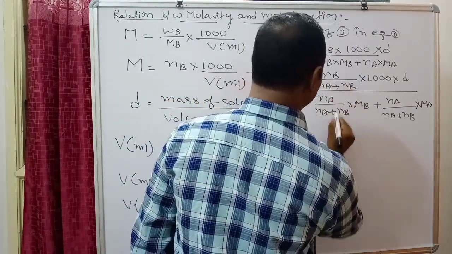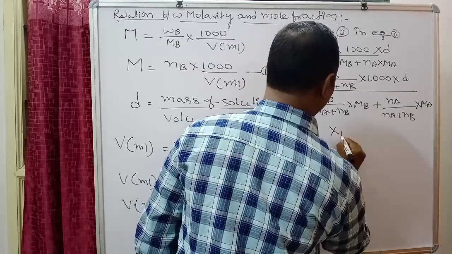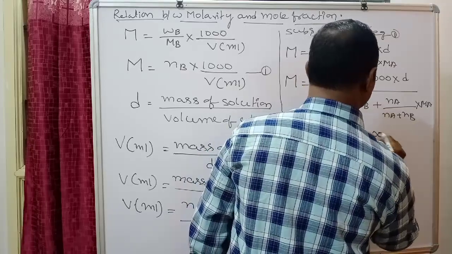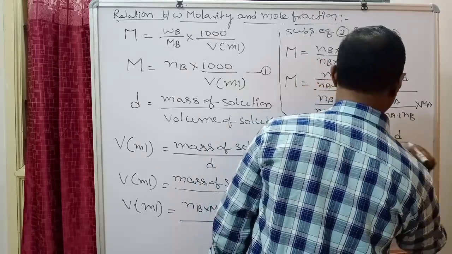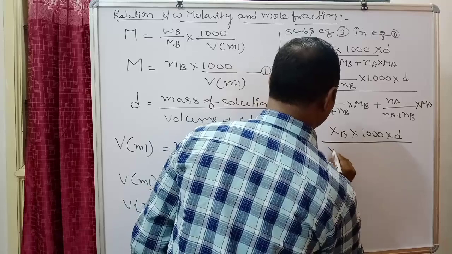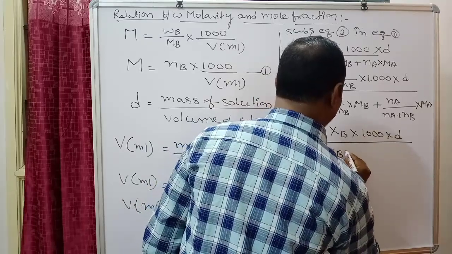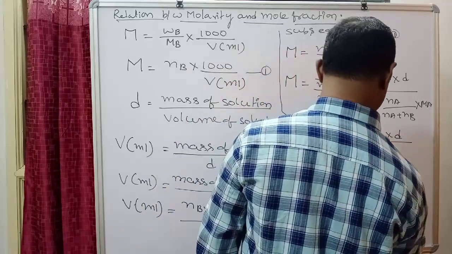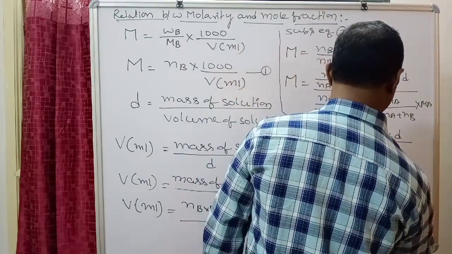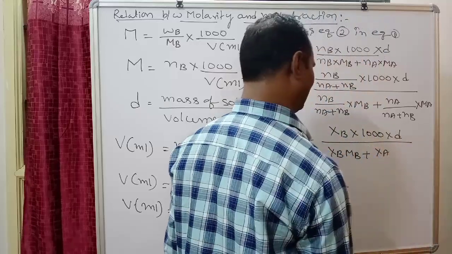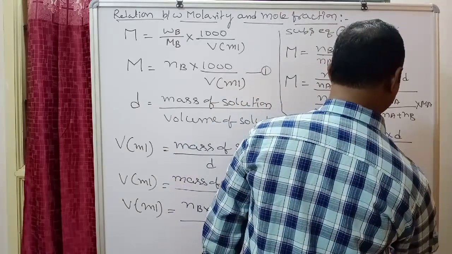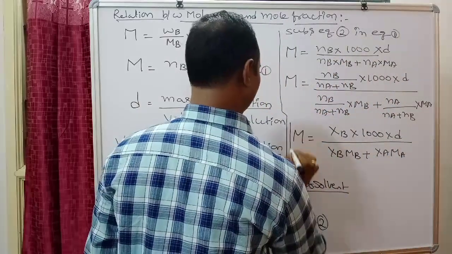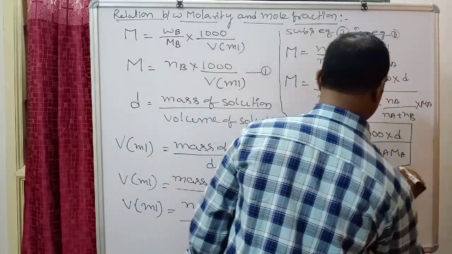Therefore, the new equation, what we are getting here? Instead of this part, we can write mole fraction of solute into 1000 into D, by mole fraction of solute into its molar mass plus mole fraction of solvent into its molar mass.